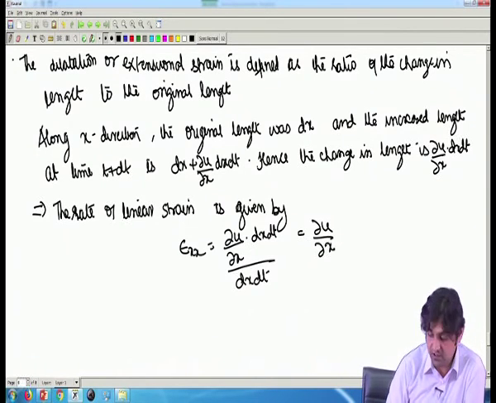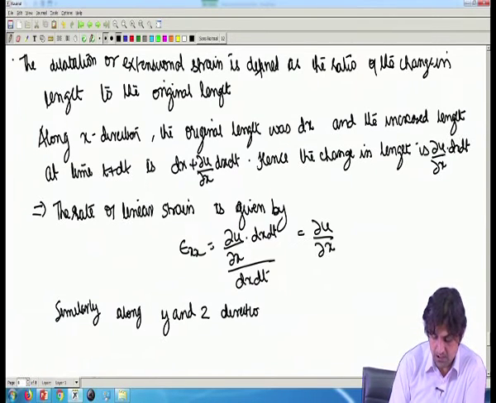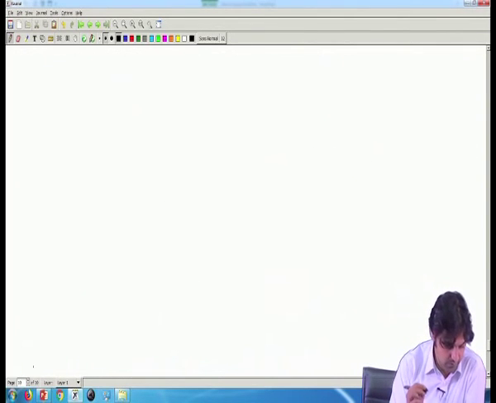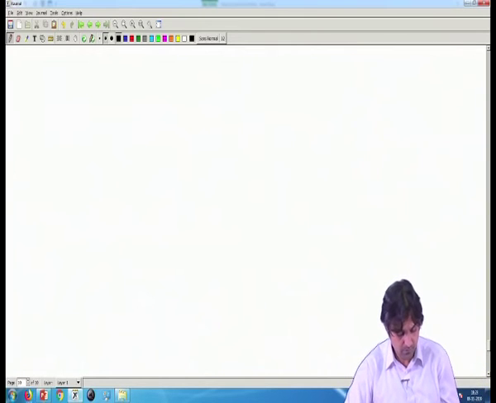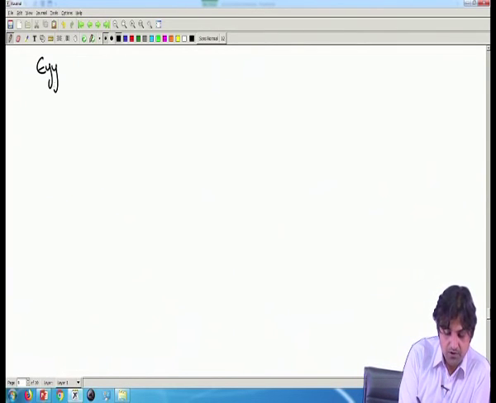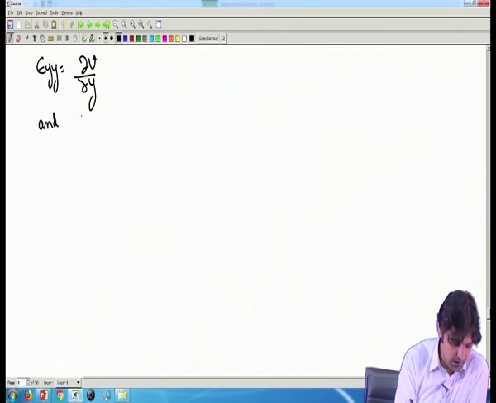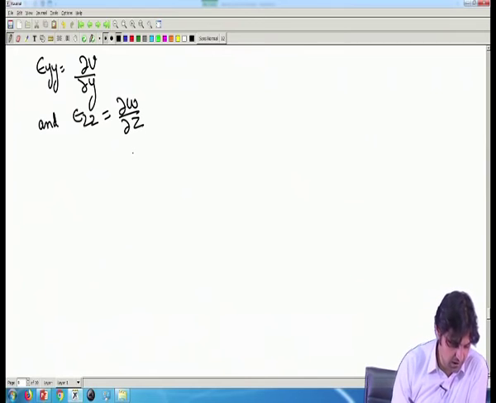So epsilon xx is del u del x. Similarly, along y and z direction, epsilon yy can be written as del v by del y and epsilon zz can be written as del w by del z.